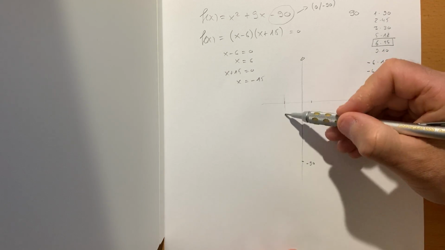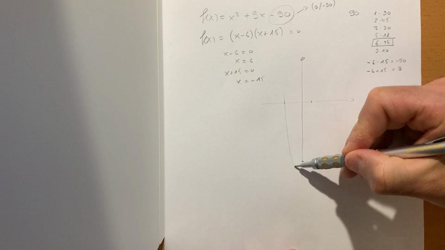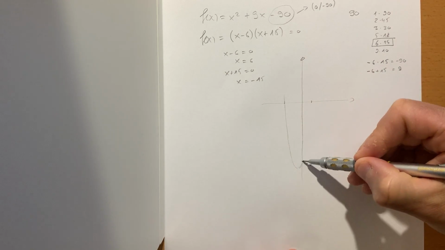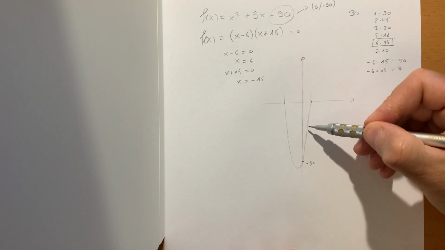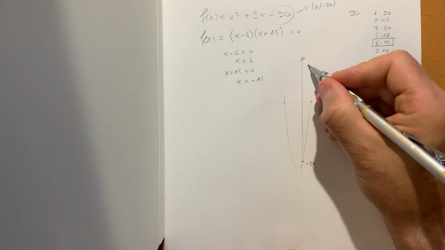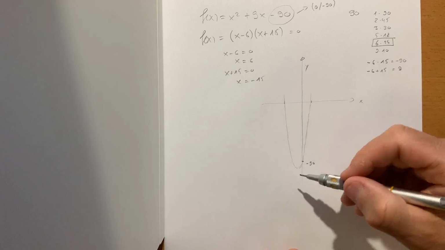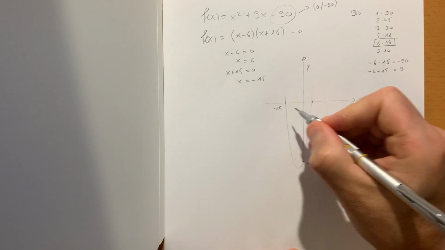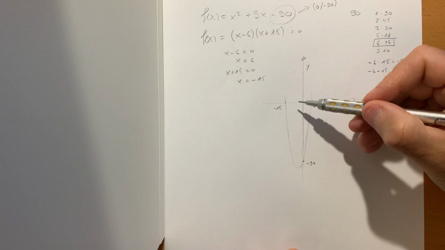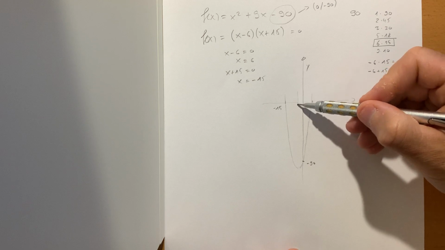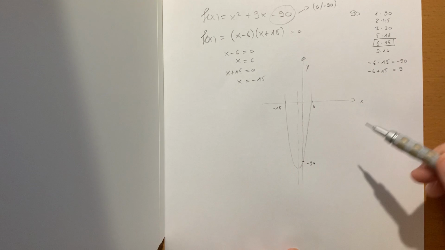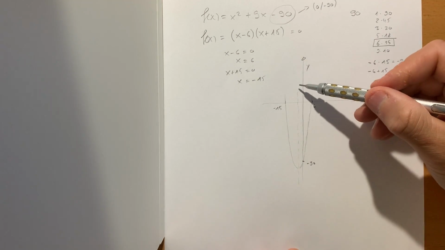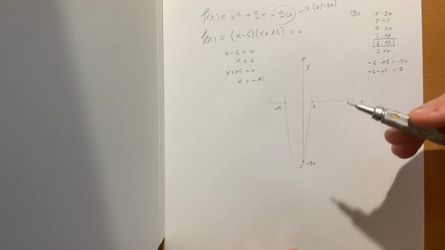So you would probably get something like this. Here we go. And we know that our vertex is right in between the zeros, because the function is symmetric with respect to the vertical line through the vertex.